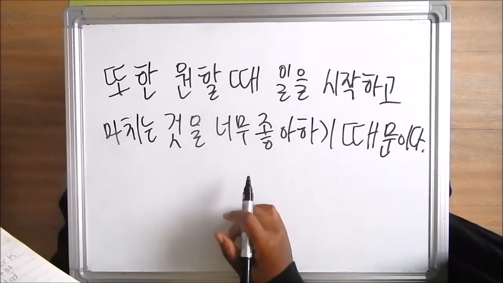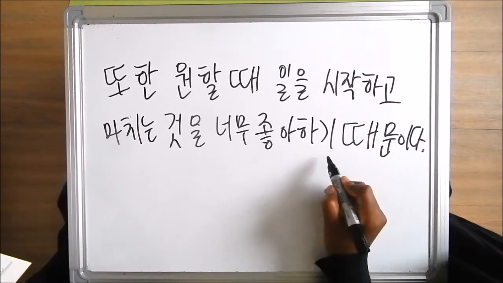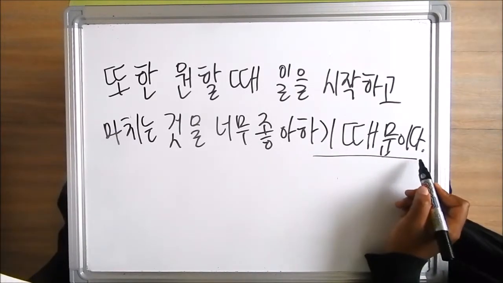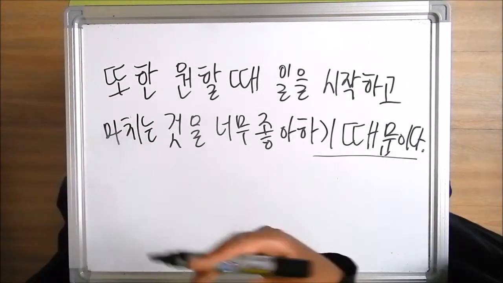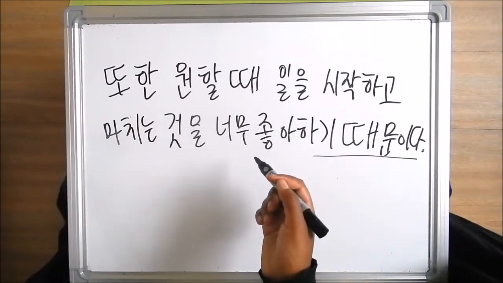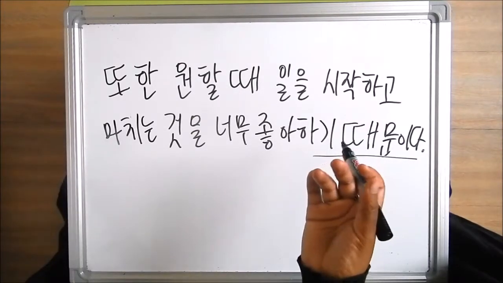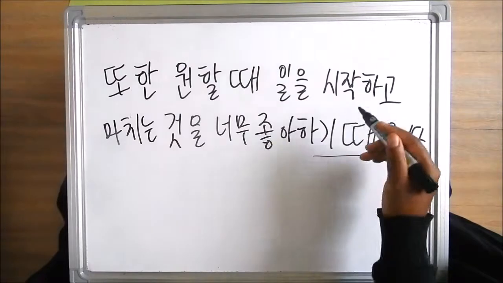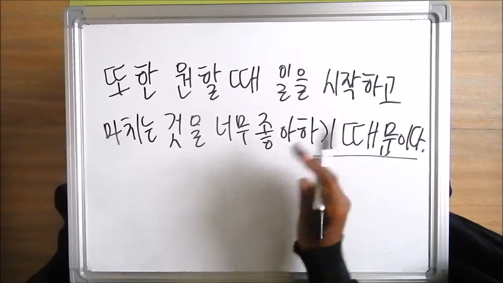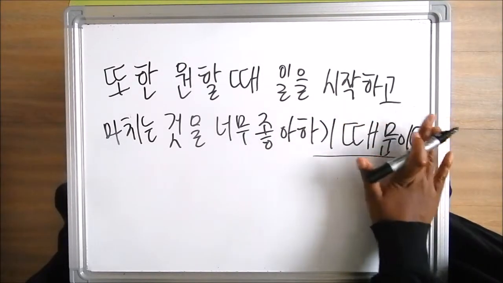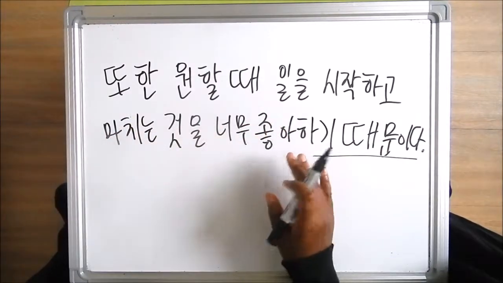So I realized that I actually cut a part out, the 하기 때문에. In the English part, it wasn't there. So I literally said, also, I like to be able to start and stop whenever I feel like it. But in Korean, it kind of implies because. So at the end, you have to add 하기 때문에, but I think even without it, it'll be fine. So I like to start and stop work when I feel like it.